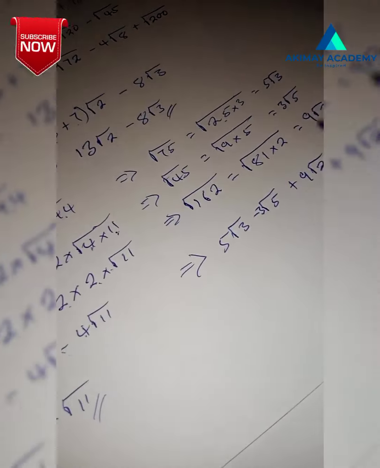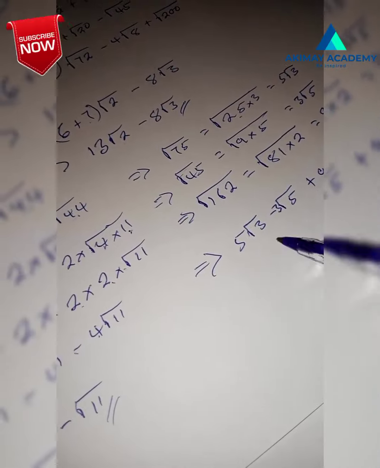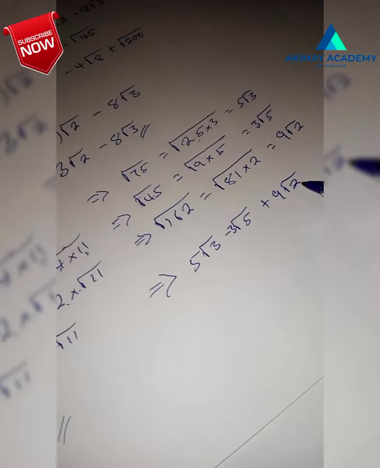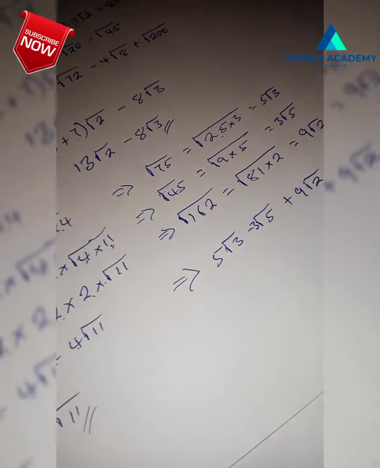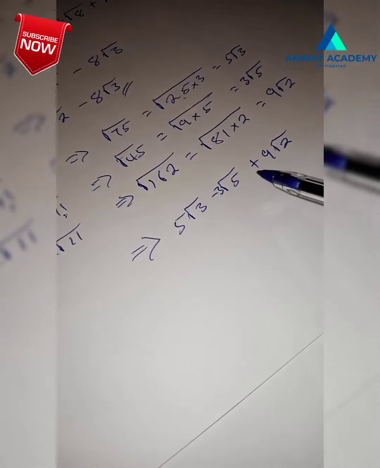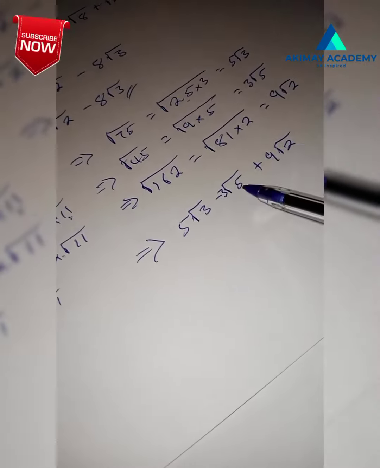Here you could see that the values under the radical signs are not the same, and because they are not the same, we cannot add or subtract.